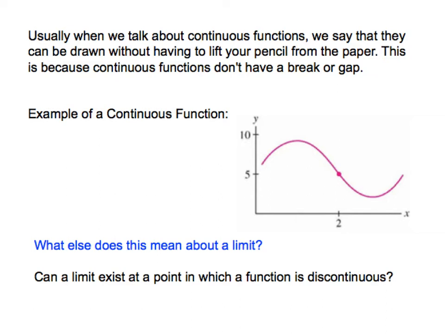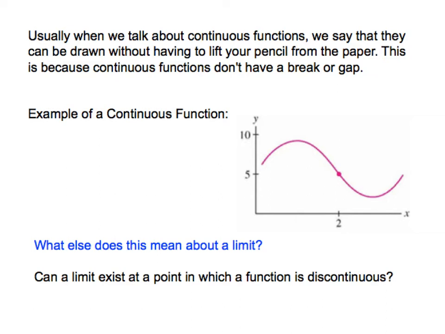Usually when we talk about continuous functions, we say that they can be drawn without having to lift your pencil from the paper. That's the simplest way to talk about it. This is because continuous functions don't have a break or a gap in them. So here's an example. What else does this mean about a limit?